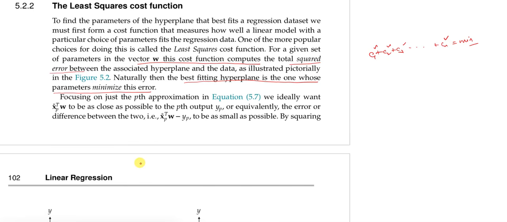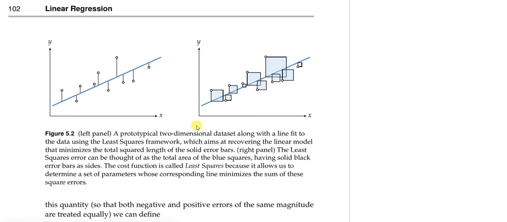Focusing on just the pth approximation, we ideally want xp transpose w to be as close as possible to yp, and the equivalent error difference, x transpose w minus y, is as small as possible, as we studied.